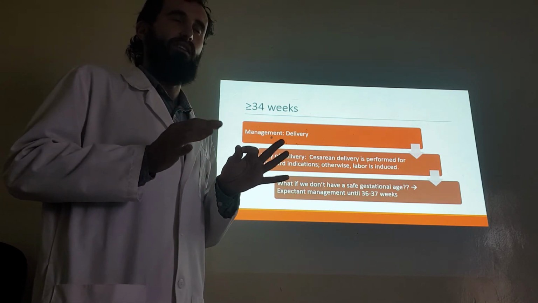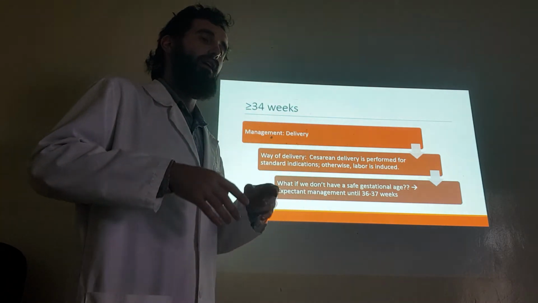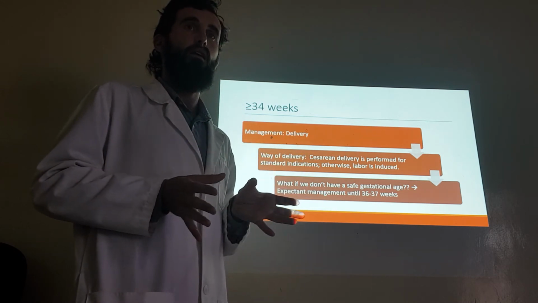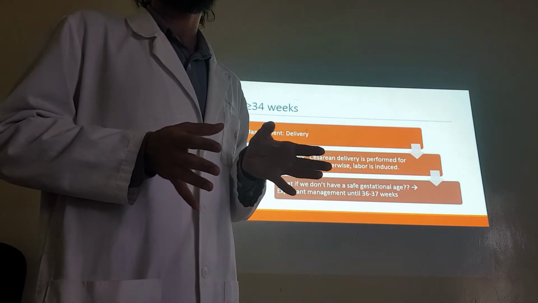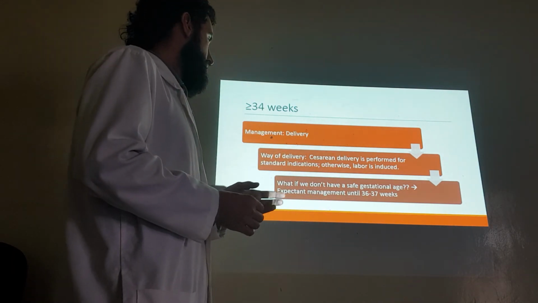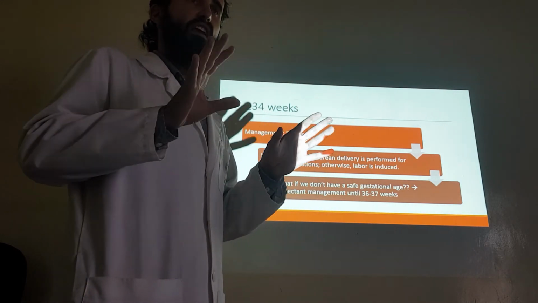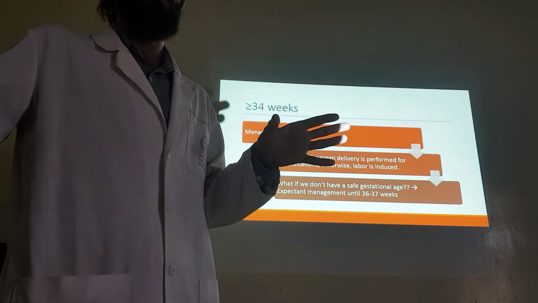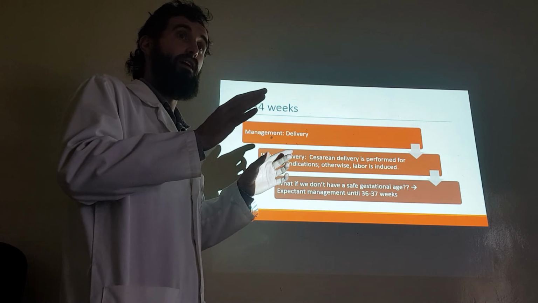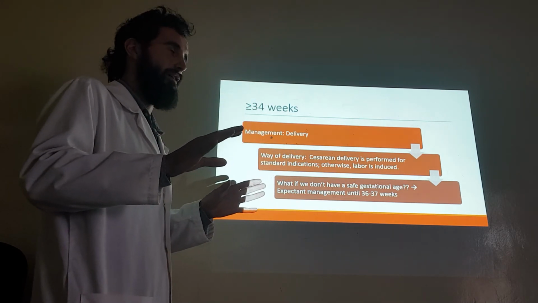In case that we have, for example, an infection and we open and make a cesarean section, it will increase the risk of sepsis and intrauterine infection, okay? So the way of delivery is the normal delivery. Cesarean, just in case that we need cesarean for another indication, for the standard indication, okay? Remember that we are in cases of stable patients. If we are in cases of Corioamnionitis, it will change immediately, okay?